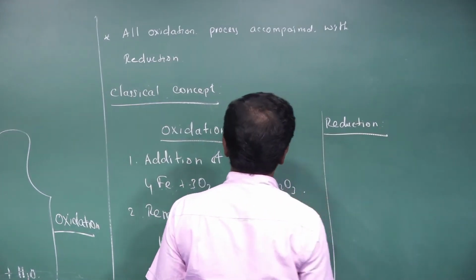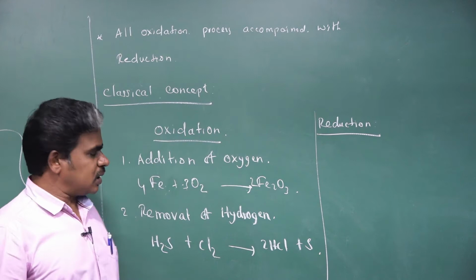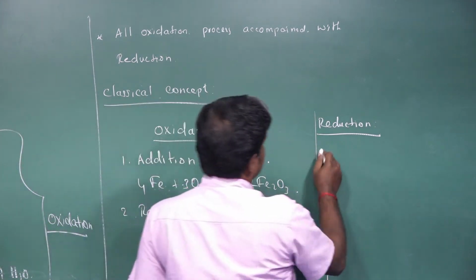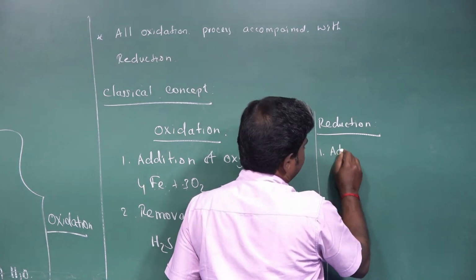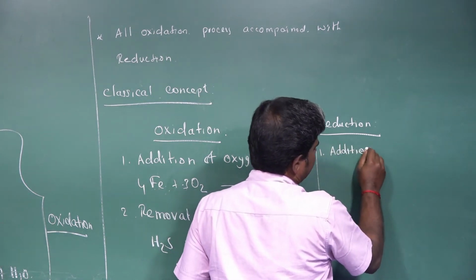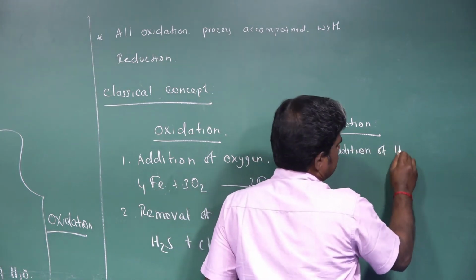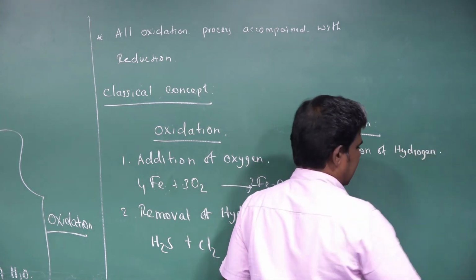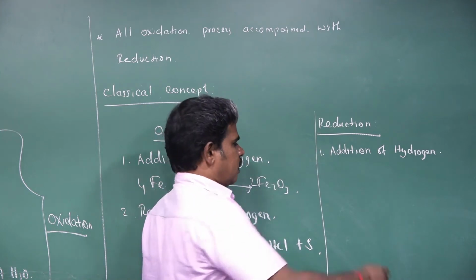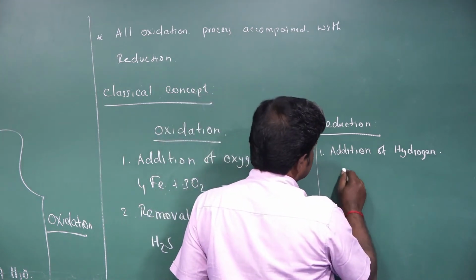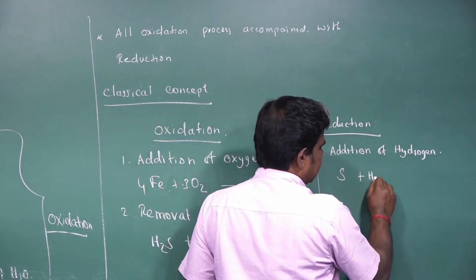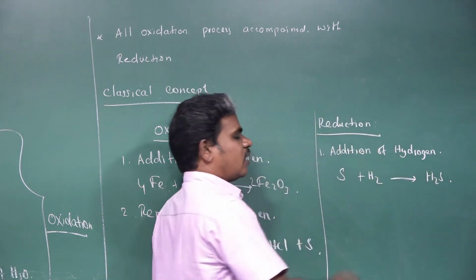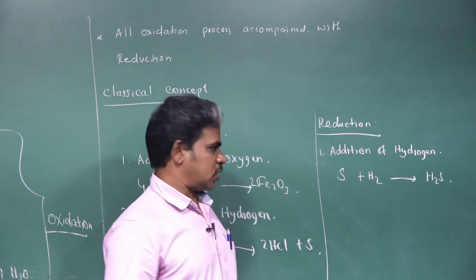According to the classical concept, reduction is the reverse of oxidation. So, addition of hydrogen is nothing but reduction. When sulfur is added with hydrogen, we get H2S.